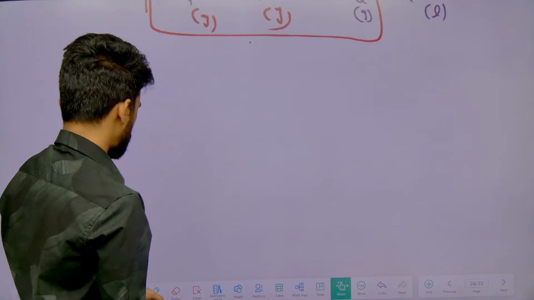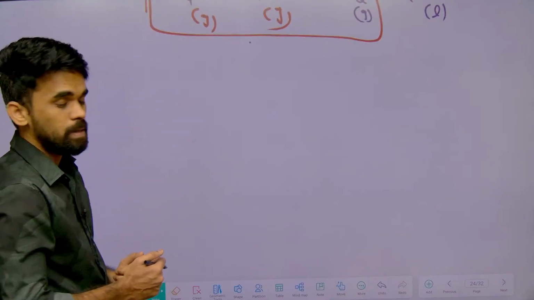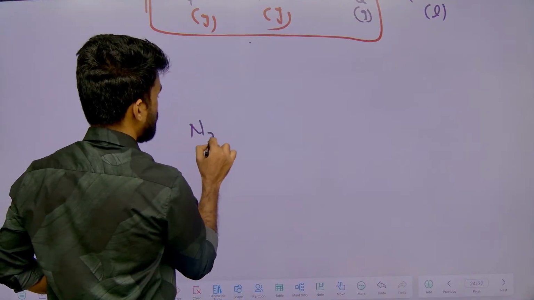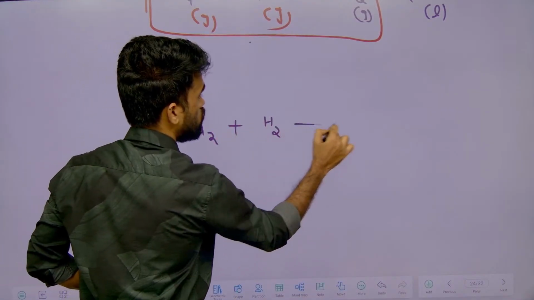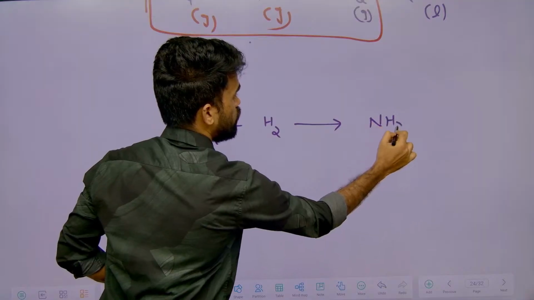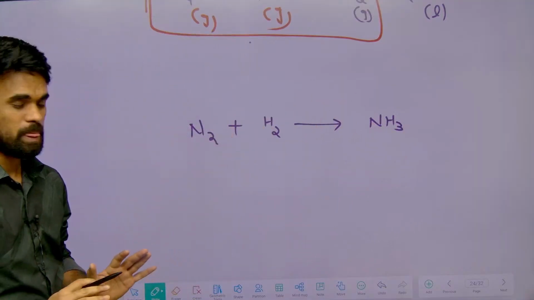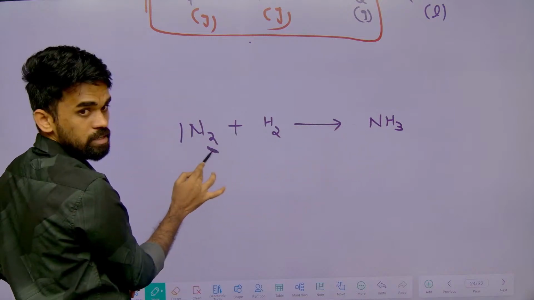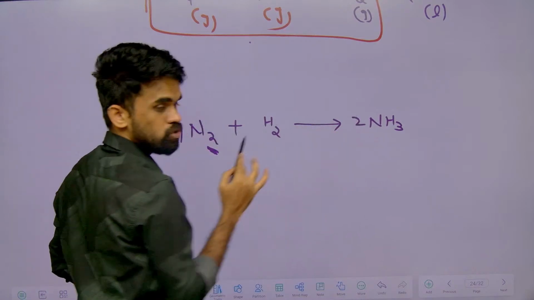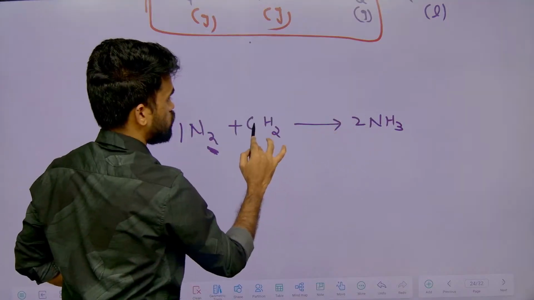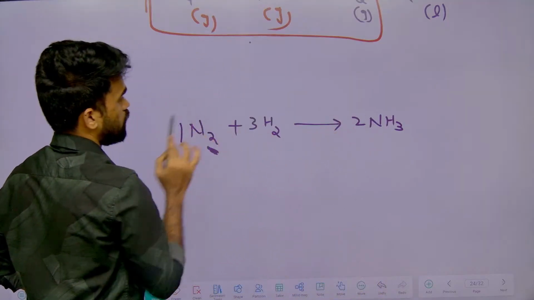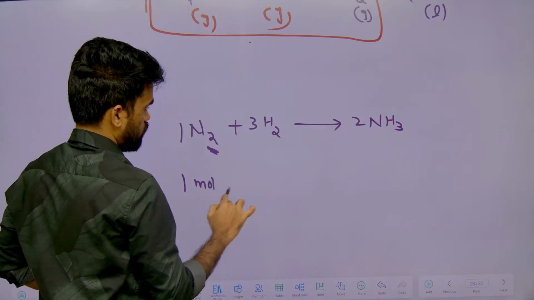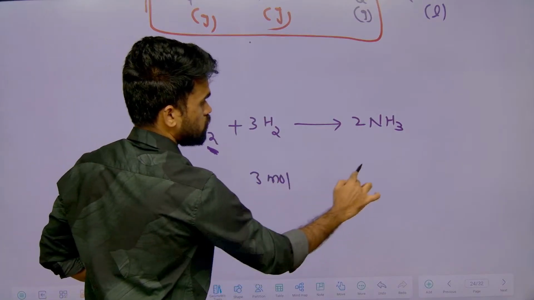Let's go to these stoichiometric calculations now. Stoichiometric calculations generally work like this. They will give N2 plus H2 gives NH3. First you need to balance the equation. So 1 mole of N2 has 2 nitrogens, so 2 nitrogens should be there. Next, 6 hydrogens should be there, means here it should be 3. What is the mole ratio we got? 1 mole, 3 moles gives 2 moles.